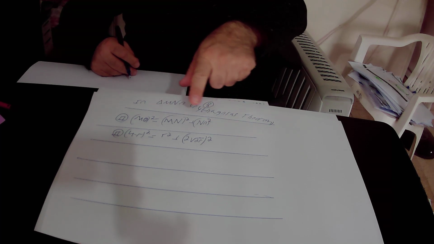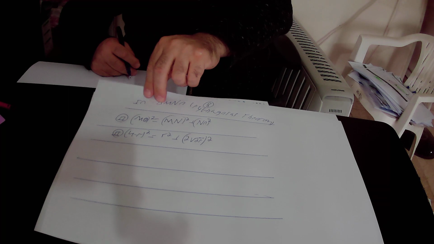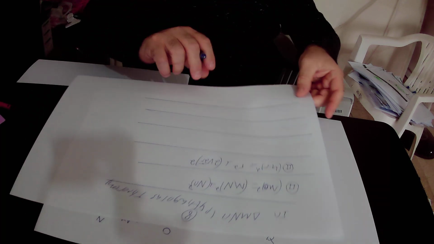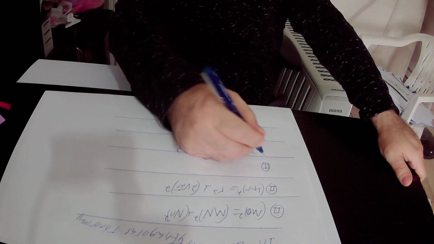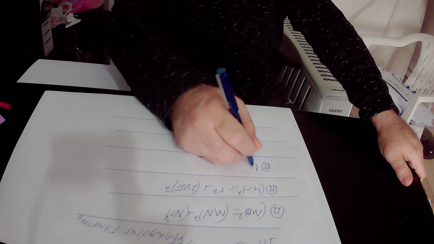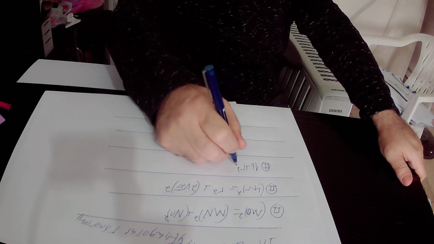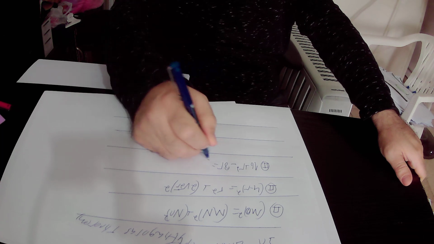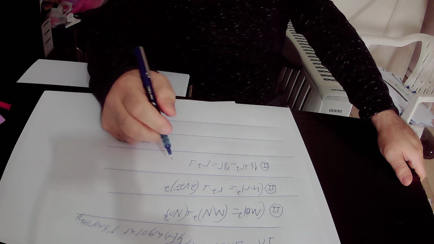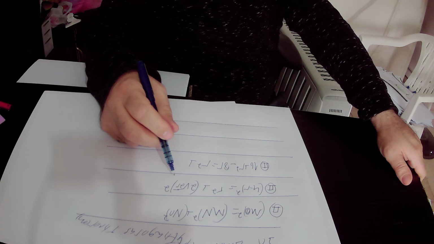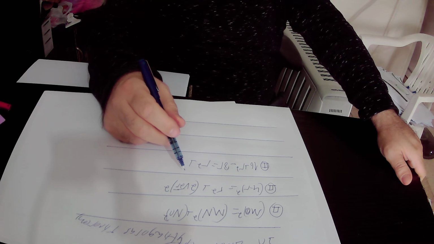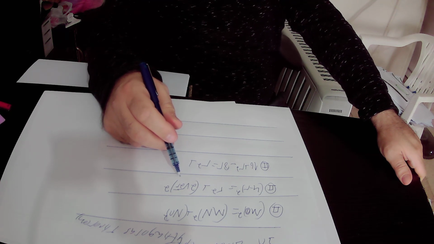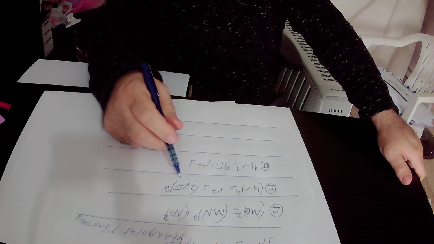We will open the brackets on both sides of equation number 2, and we will get that 4 minus R square is 16 plus R square minus 8R, and it equals R square plus the square of 2 times the square root of 2R. 2 square is 4, and the square of the square root of 2R is 2R, and 4 times 2R is 8R.